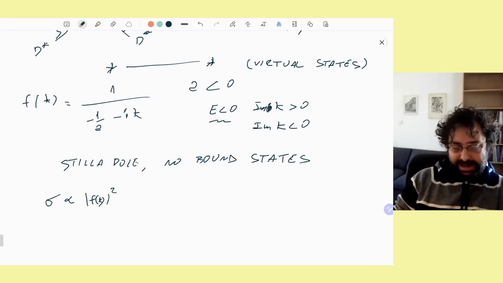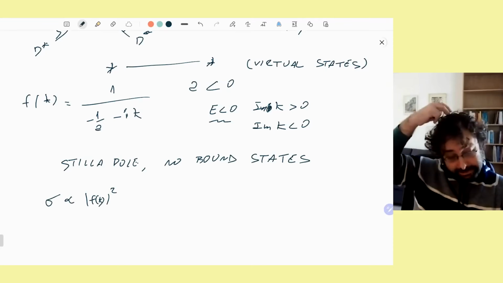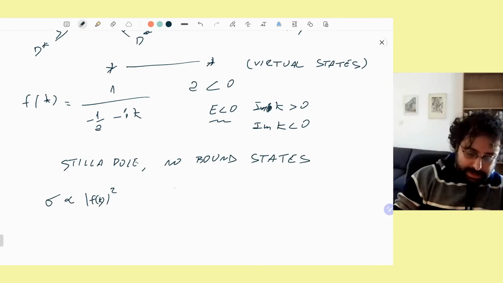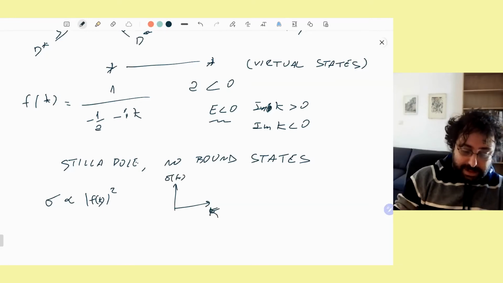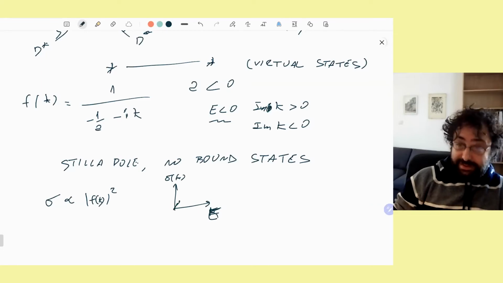This is an S-wave scattering, so we don't have to consider the angular dependence. And you can see what's the behavior of the cross-section as a function of the momentum, or as a function of the energy, which is the same. And you can see that in 0, it must go to 0 because of the phase space.